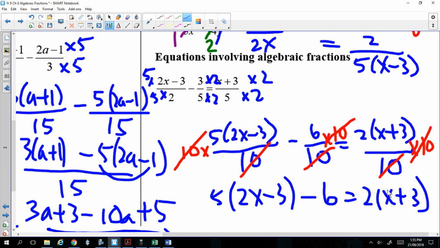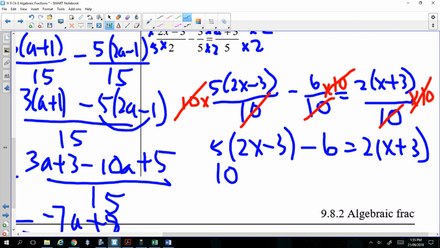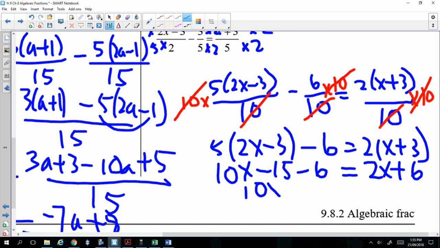Very good. Alright, let's continue. So you get 10x minus 15 minus 6 equals 2x plus 6. I expanded the bracket. Collecting like terms: 10x minus 21 equals 2x plus 6.